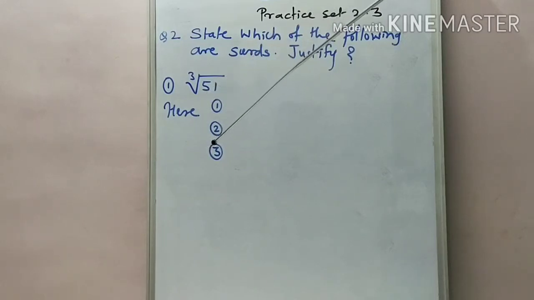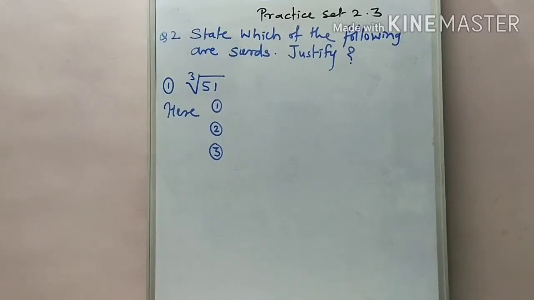And the third is very important: the whole value, cube root of 51, is what? An irrational number, because we cannot give the answer for cube root of 51 as a whole number. So all three conditions are satisfied here, and hence we can say the given number is what?